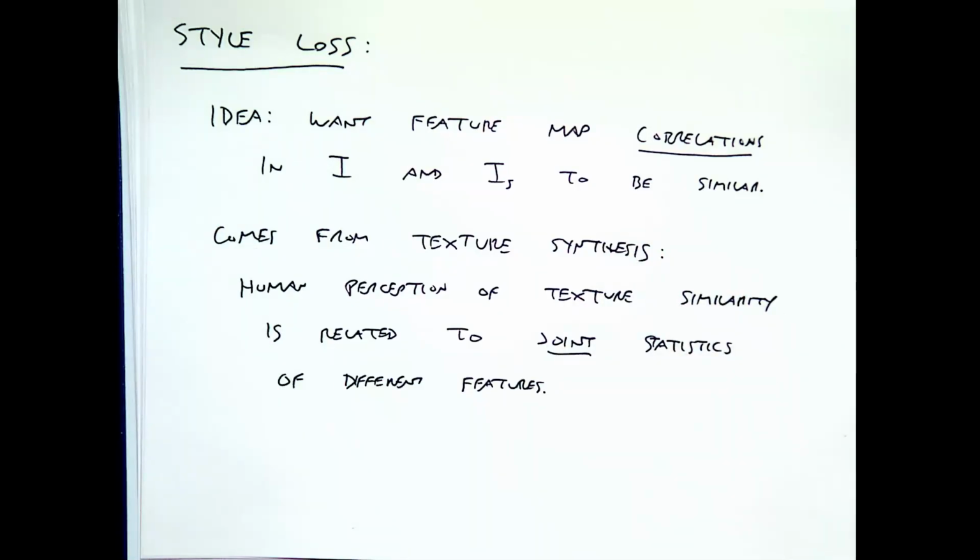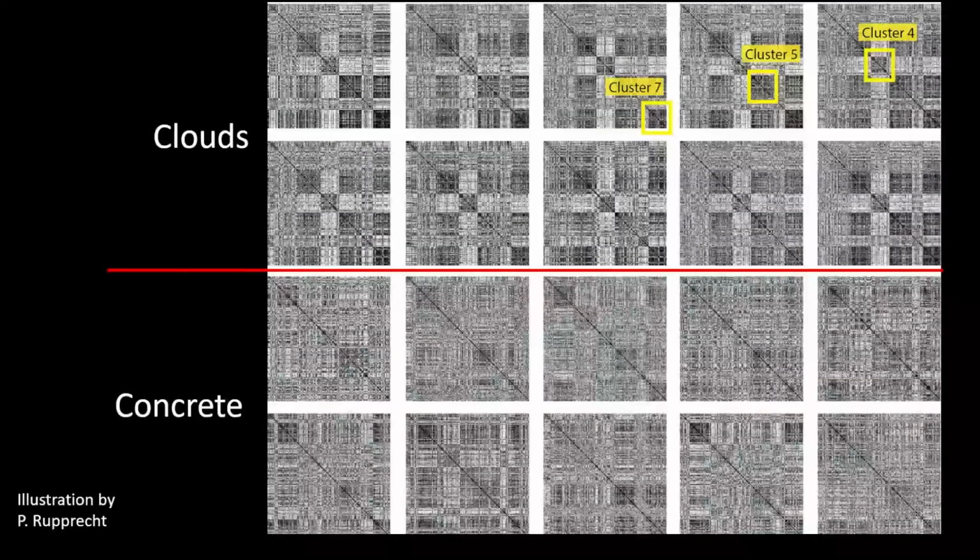And so how am I going to capture this? Well, this idea of these matrices, right? If I go back to this picture with the matrices, these are what are called Gram matrices, and that was what Gatys et al. used as the basis for their style loss, right?